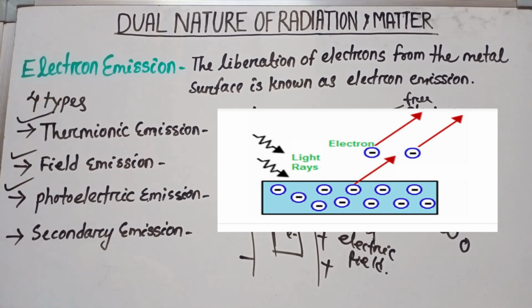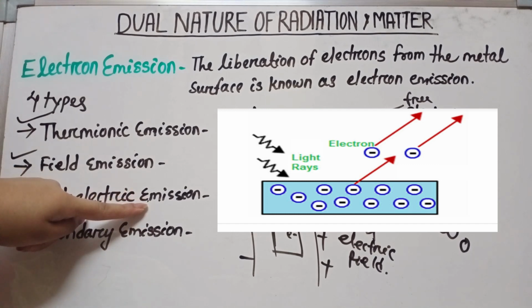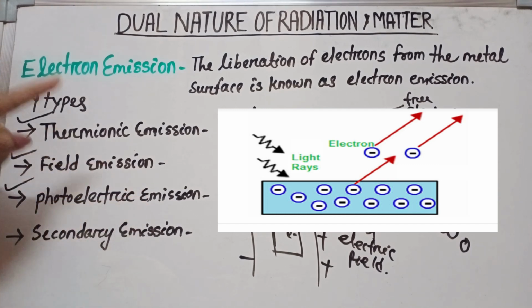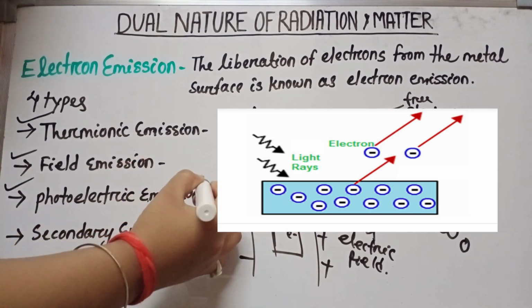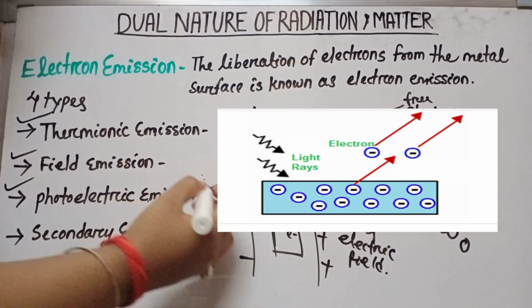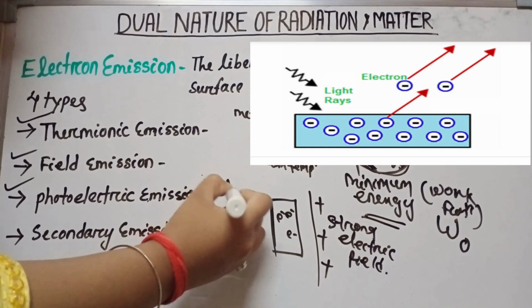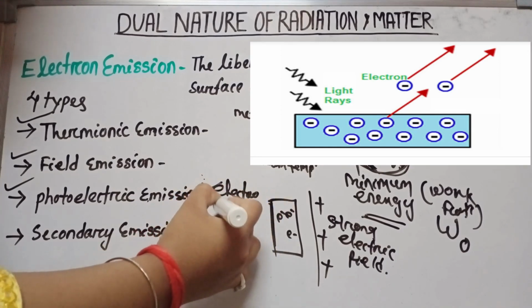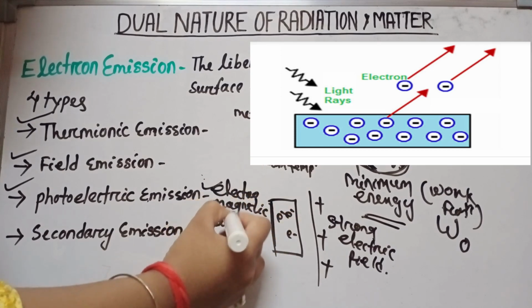This type of emission is known as photoelectric emission. Emission takes place due to the electromagnetic radiation.